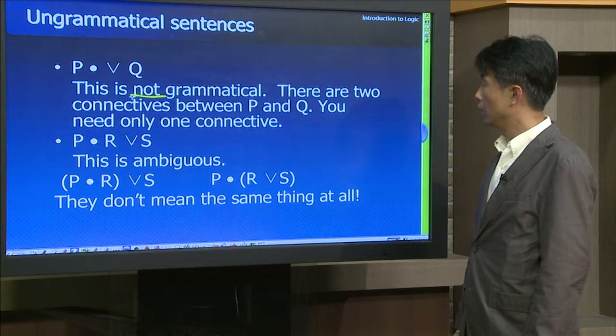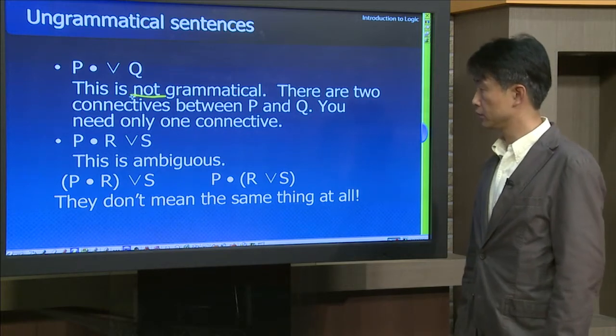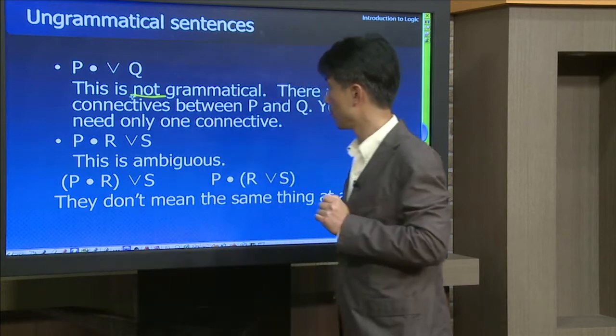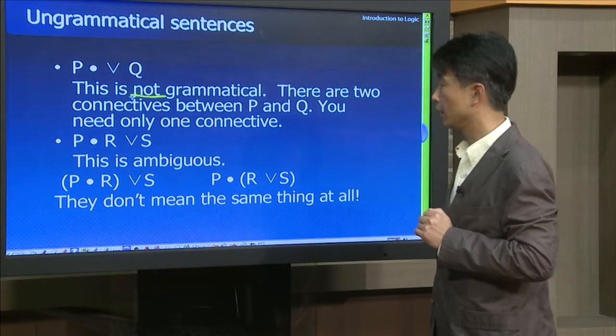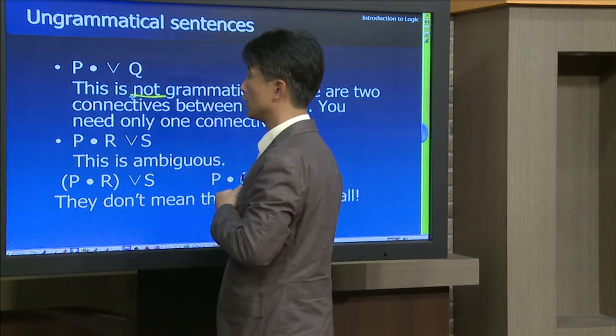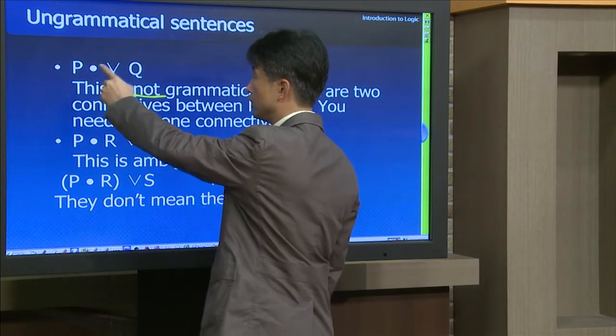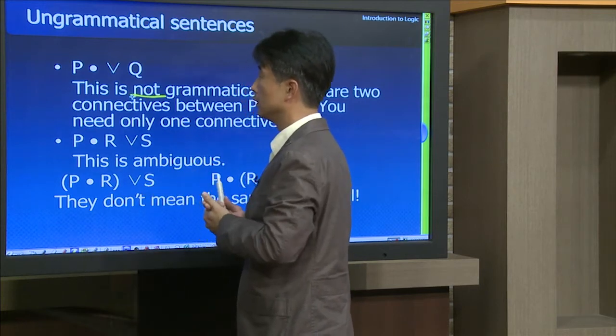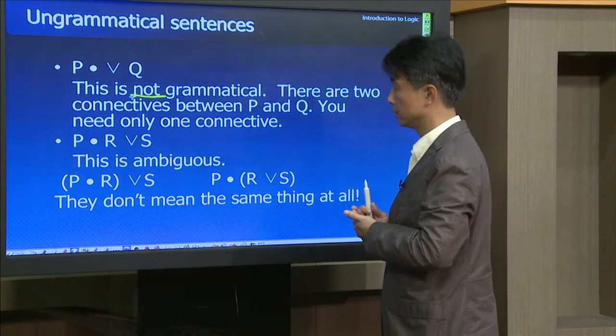Why? Well, there are two connectives between P and Q, dot and wedge. And we really don't know which is the connective that connects P and Q. Is it dot or wedge? It doesn't say, so this is not grammatical.